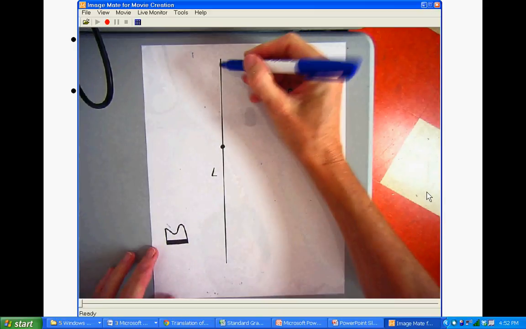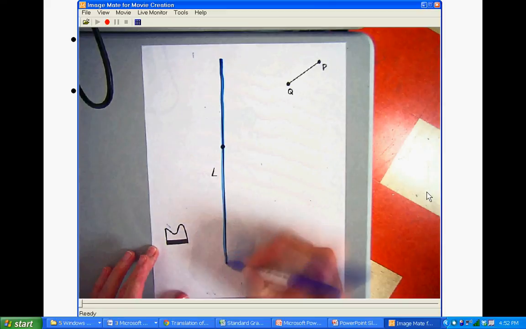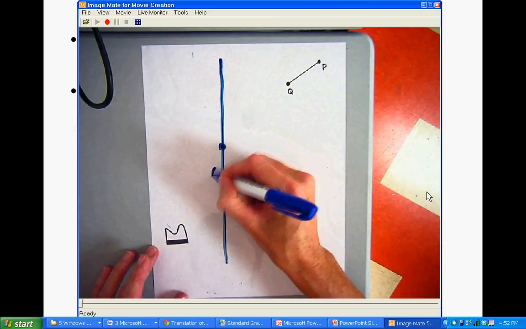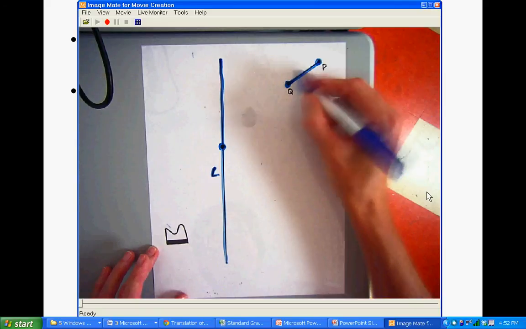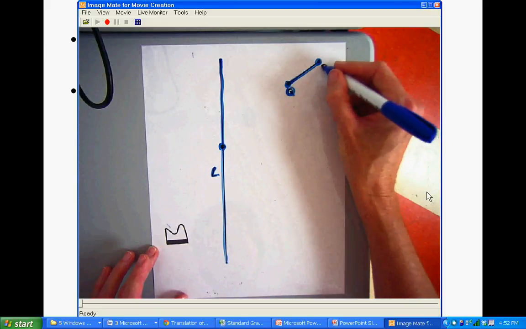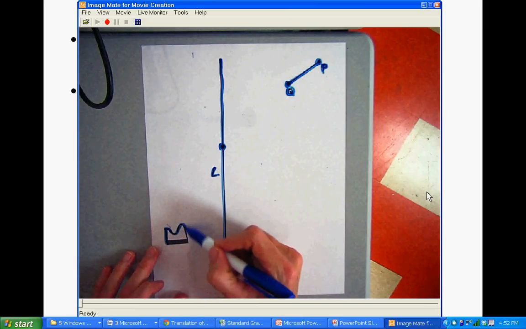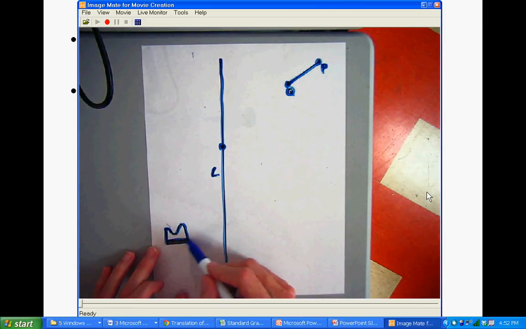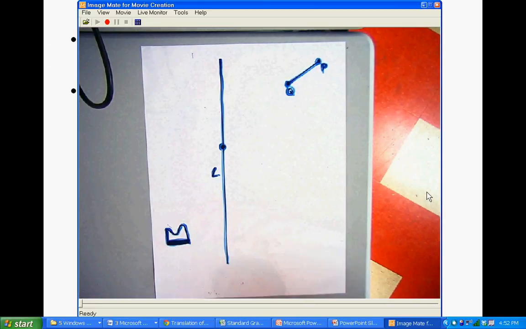And I'm going to go ahead and copy everything over. And we also have some points in a vector here. This is Q, P. And I also have a group of points that looks like a little picture, but remember that everywhere in this picture is actually a point. It is just made up of a bunch of points.